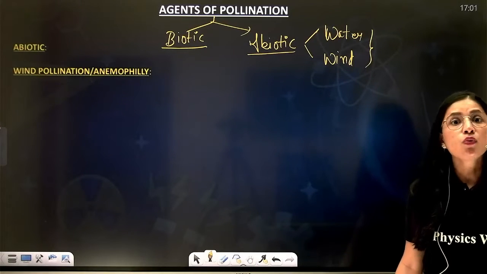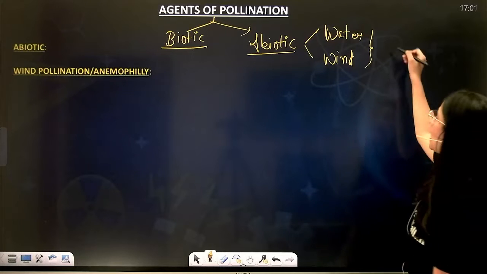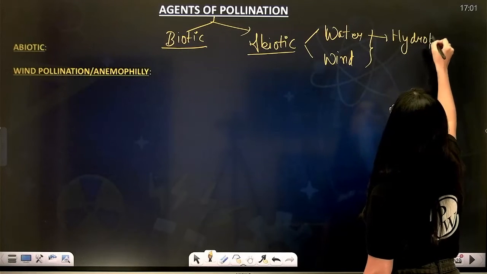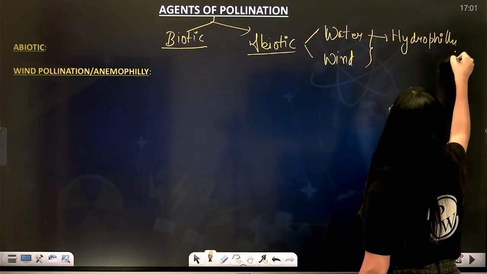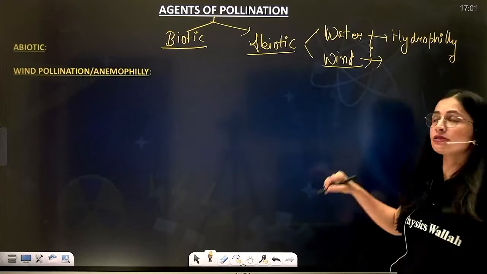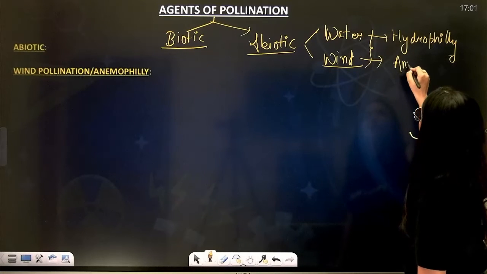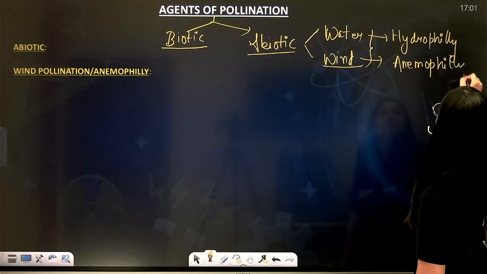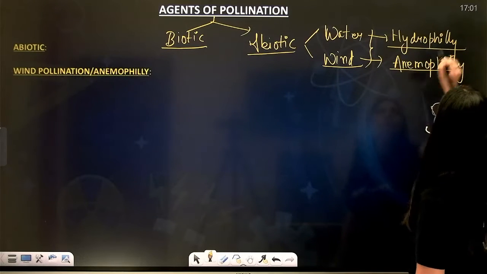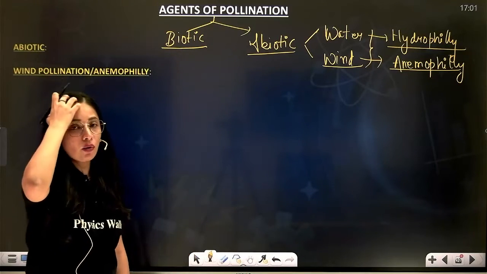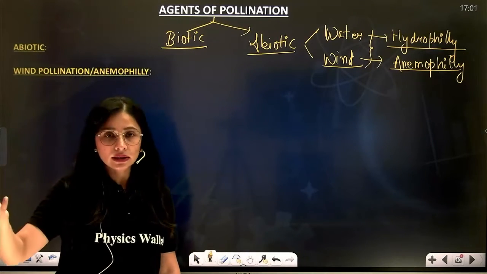Correct? Water pollination is called hydrophily, and such plants have hydrophilous flowers. Whereas wind pollination is known as anemophily. So one is hydrophily and one is anemophily. Now what is anemophily and what is hydrophily?